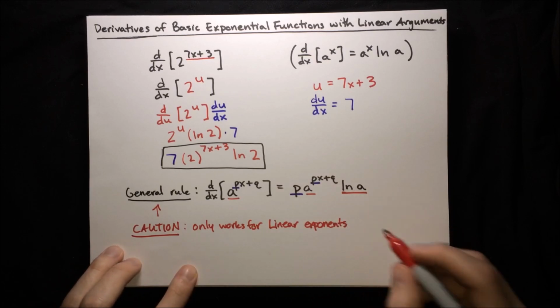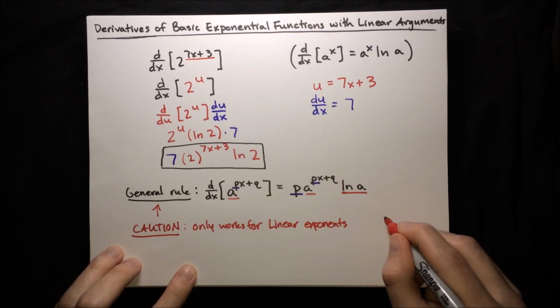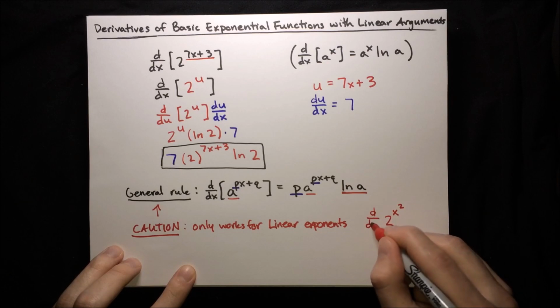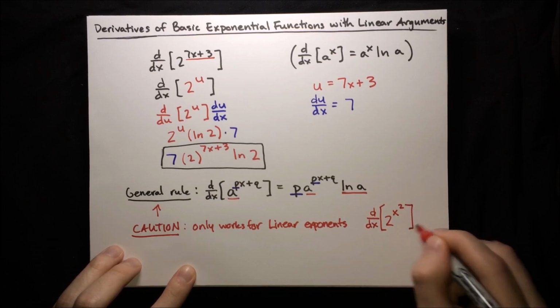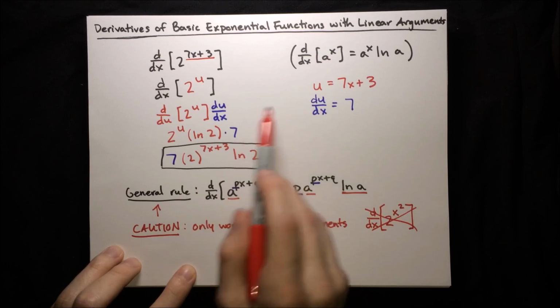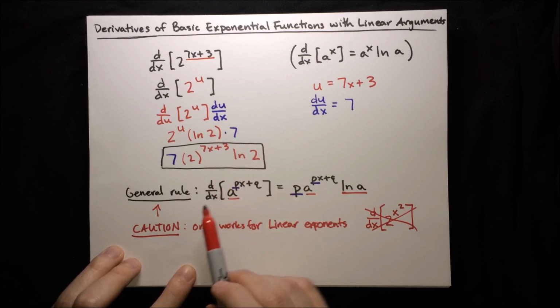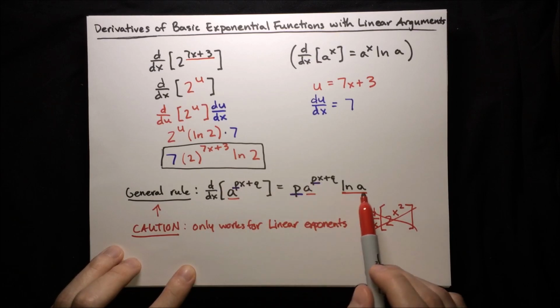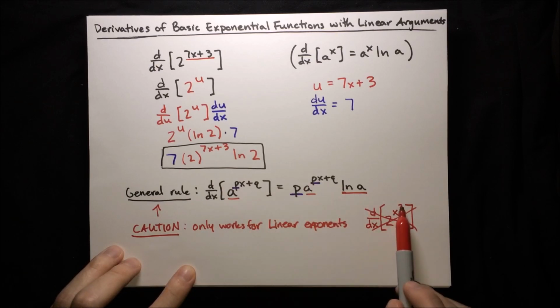So in concrete terms, what that means is that if we've got an expression 2 to the x squared, and we want to take the derivative of this, we can't take the derivative using this general rule. We can still do the substitution and chain rule procedure, as we'll see later, but this general rule where we bring down the p and multiply by natural log of a doesn't work on 2 to the x squared because x squared is a quadratic argument, not a linear argument.